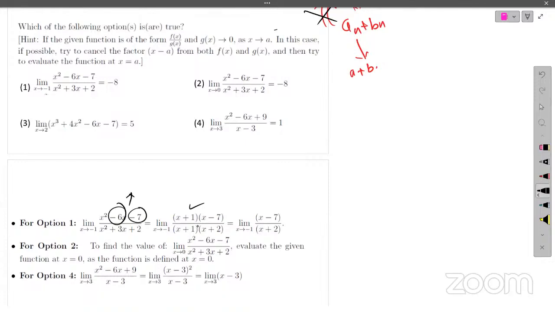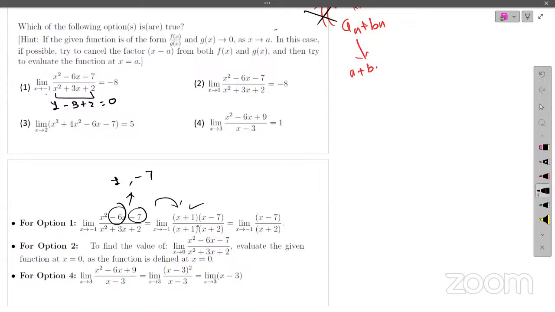The choices are simply 1 and -7, because if we multiply we get -7, and if we add we get -6. So we factor into x plus 1 and x minus 7. Why are we factoring out? Because if you substitute x equals -1 in the denominator, you will get 1 minus 3 plus 2, which is equal to 0.